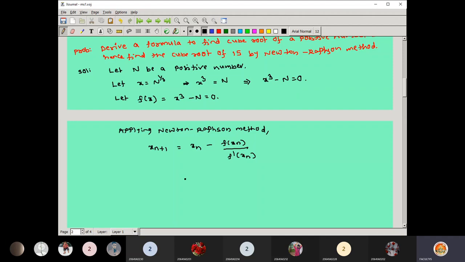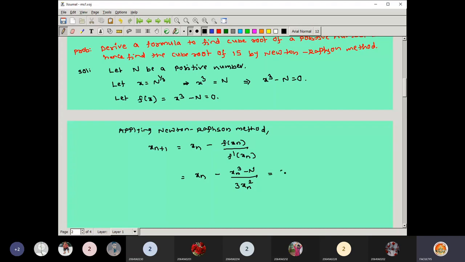So for this, I calculate xn as it is minus f of xn, where your function x is replaced by xn. So it is xn cube minus capital N divided by f dash, its derivative, 3xn square.